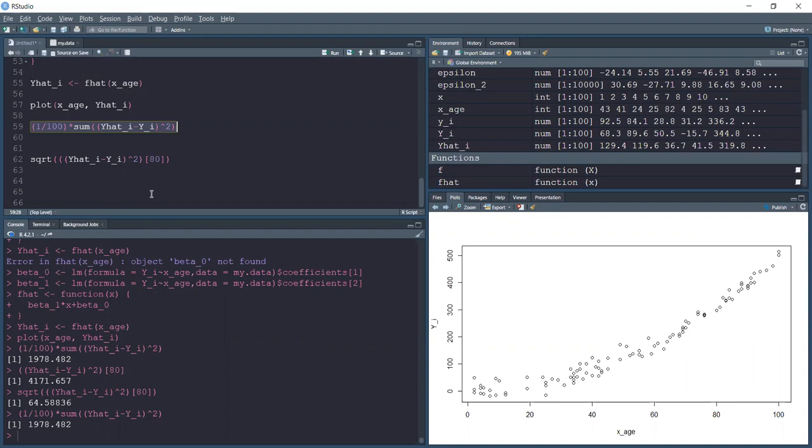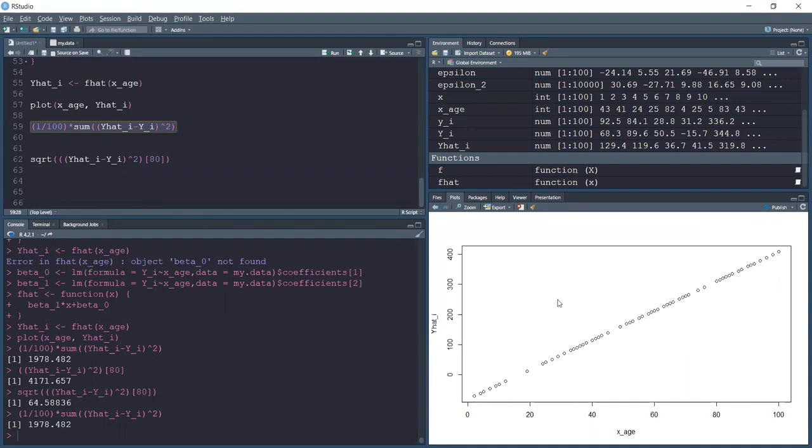So what I've done over here is I've calculated the training mean square error of the model. I've taken a linear model, and the mean square error is based on the very same data that I used to create the model.